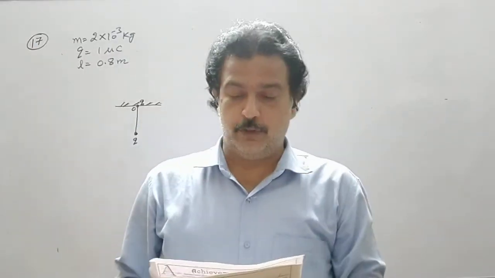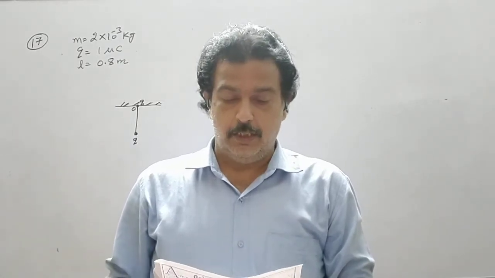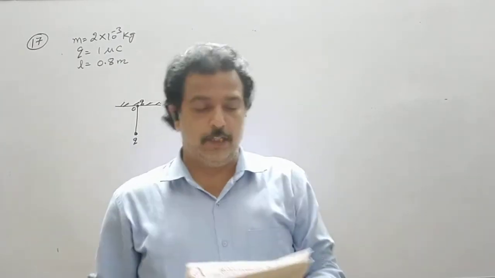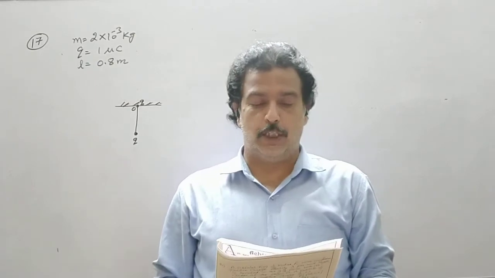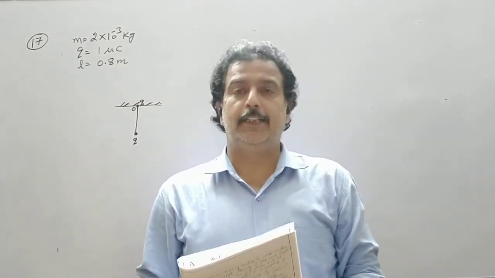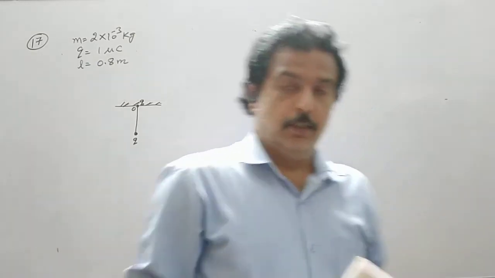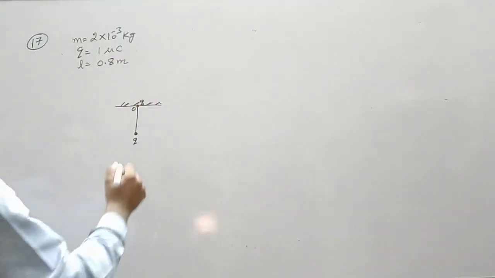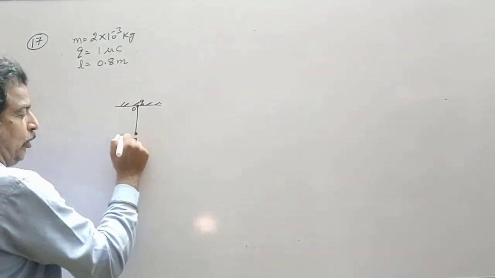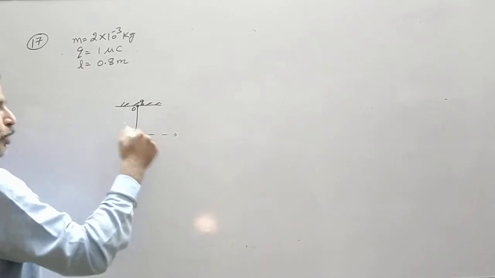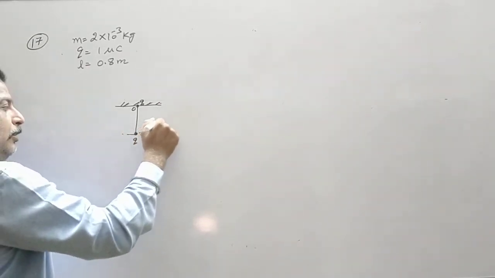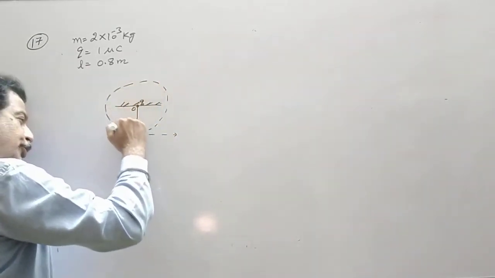The question asks for the minimum horizontal velocity which should be imparted to the lower ball so that it can make a complete revolution. So we have to give a horizontal velocity to this ball so that it completes one revolution.